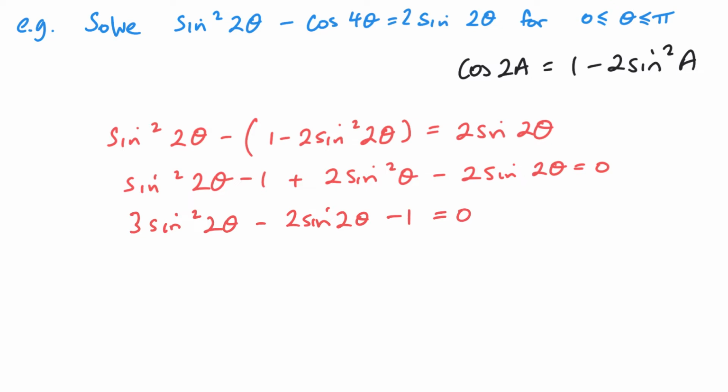Now at this point you can think of this in terms of y if you prefer. Let y equals sine 2 theta, and then you would be solving this equation, or you can just go ahead and straight solve it here.